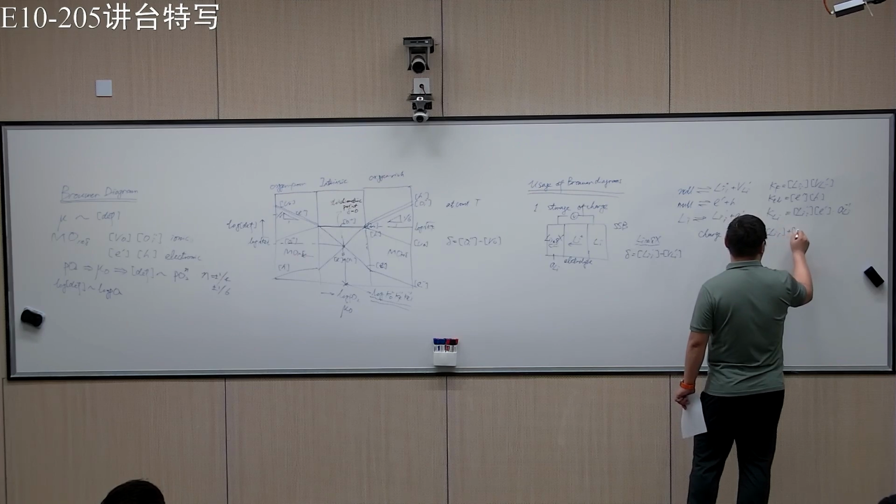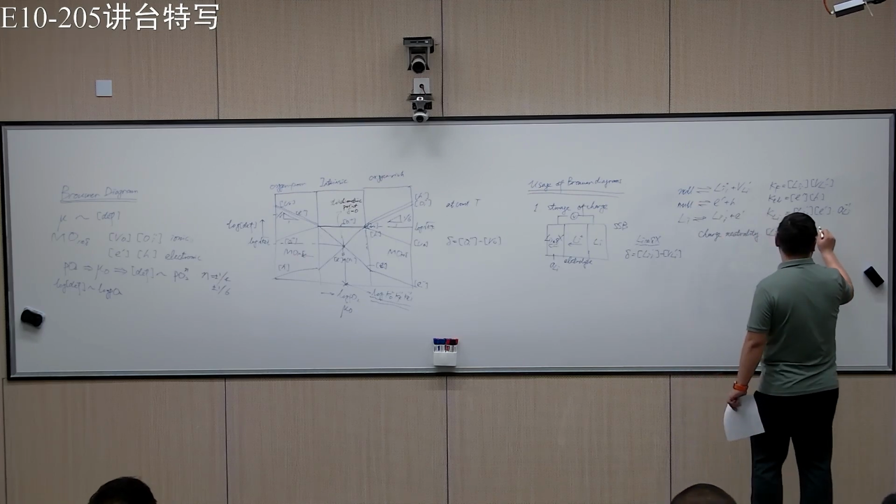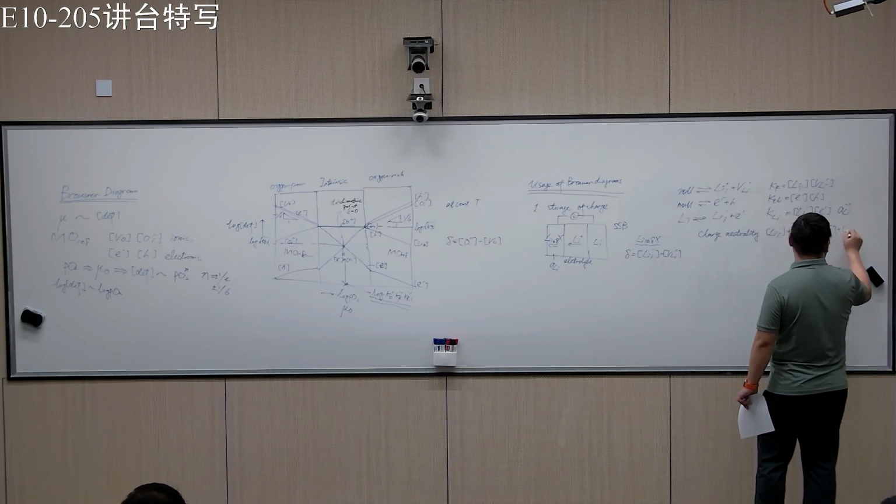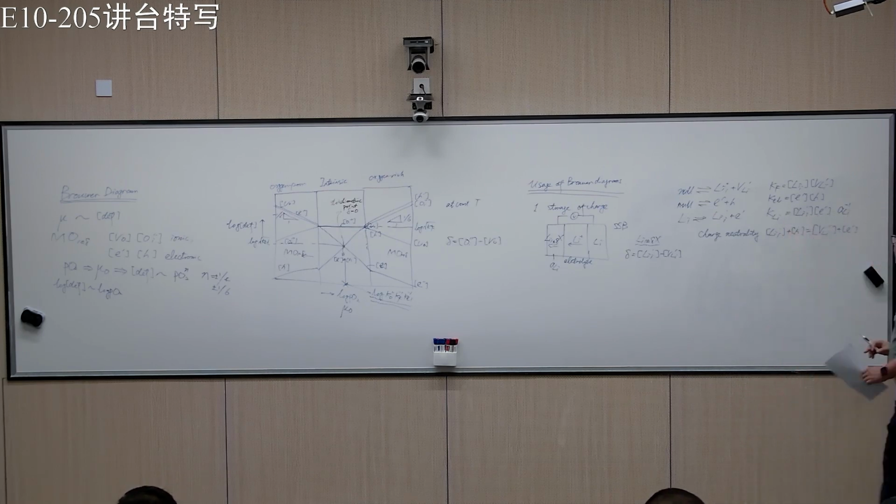All the positive defects should have the same charge as the negative defects. So again, we have four kinds of unknowns, right? We have the amount of all these ionic defects and the amount of the electron defects. So they are all always controlled by the activity of lithium.